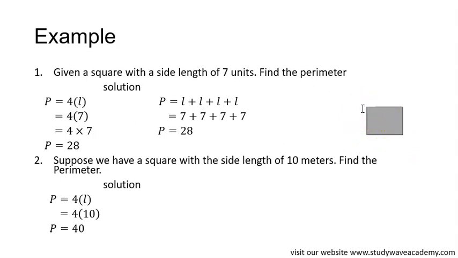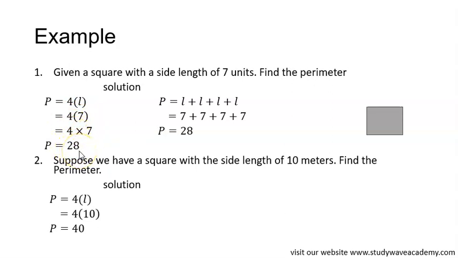Okay? So the formula for finding the perimeter of a square is P equals 4(L), right? And L here is 7. So it equals 4 times 7. Okay? The bracket here, to open this bracket is to multiply, okay? So 4 times 7 is going to give us 28.